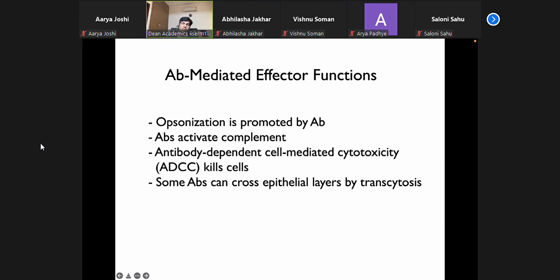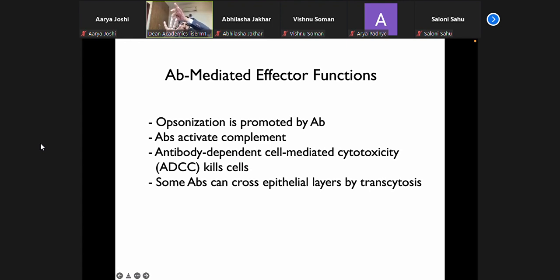And fourth, because these antibodies are, for example, produced at one location and have to traverse membranes or epithelial layers and get into the gut where a microbe might be present in order to neutralize it, this process of transcytosis is also an effector function of antibody molecules. So there are four. First one is opsonization. What opsonization is, I will talk about that. Then activation of the complement system.